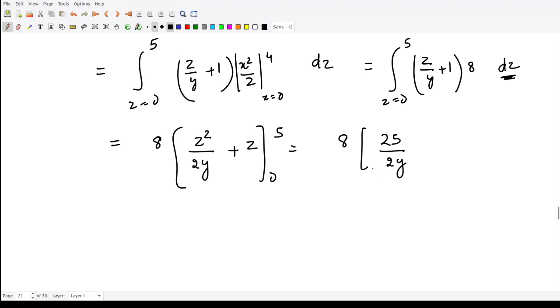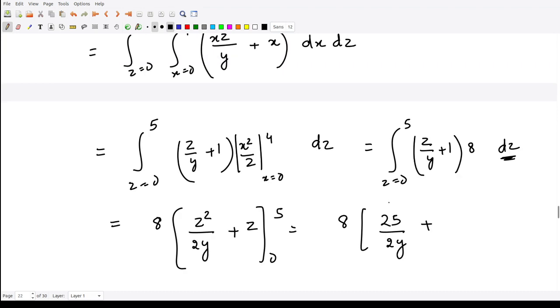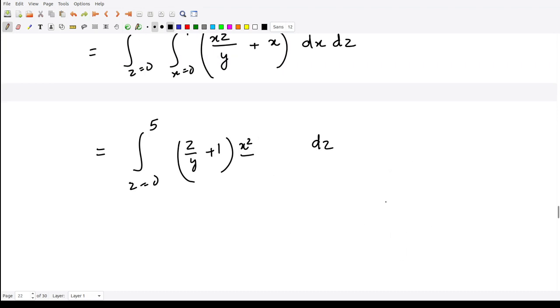And then you have plus z, and actually this y should not come up here in the answer, because this is also a variable quantity. So that means before solving the integration for z, we have to substitute the value of y as well, right?